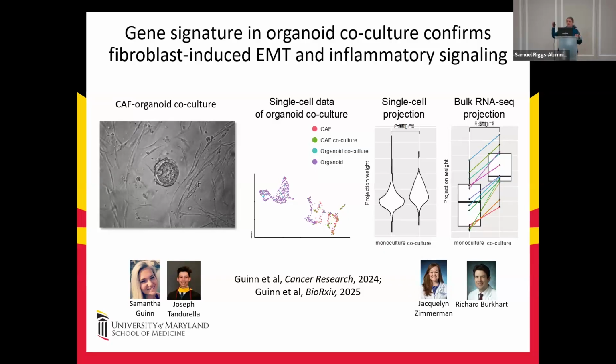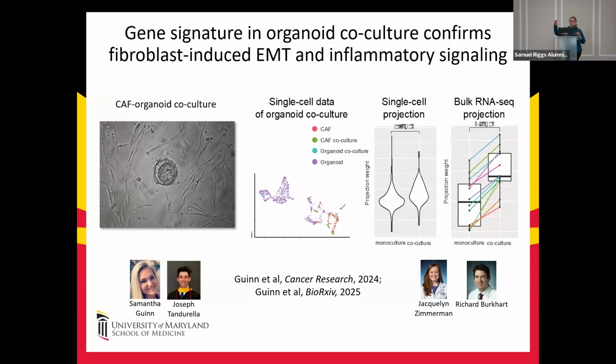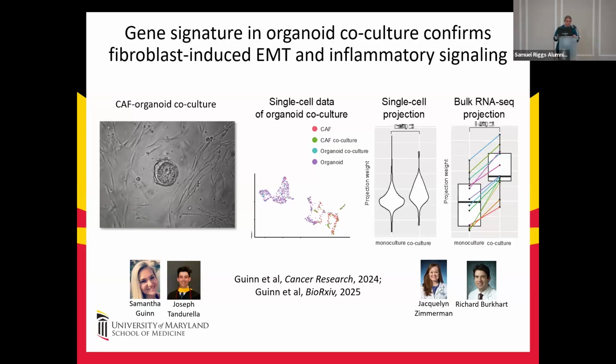And this EMT signaling was increasing independent of the subtype of pancreatic cancer. So with the CAFs, we don't see a subtype shift, but we do see a shift in this state towards more EMT-like, leading us to hypothesize that this is more of a phenotypic plasticity relative to a real subtype difference, as has been commonly denoted in the classical and basal subtypes of pancreatic cancer.